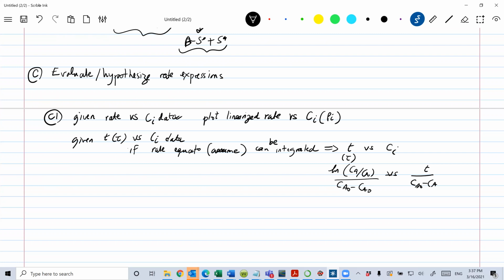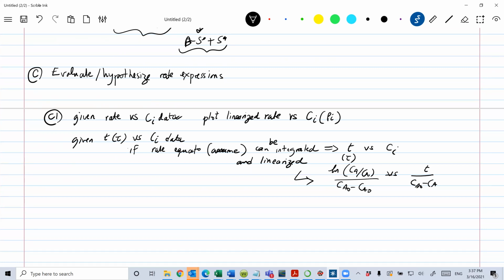So the question can be, how do you linearize that integrated form to know what to plot? That's one thing you can do.